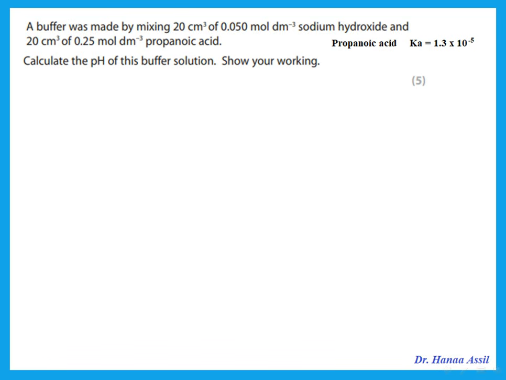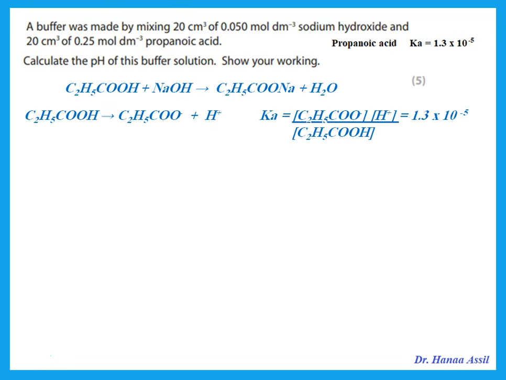A buffer was made by mixing this volume of sodium hydroxide of this concentration with this volume of propanoic acid. Calculate the pH of this buffer solution, and he gives me the Ka. So in this case, I have this equation, the propanoic acid reacting with sodium hydroxide. Remember that propanoic acid is a weak acid.